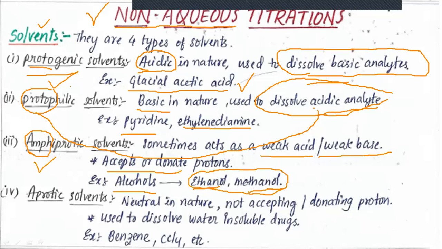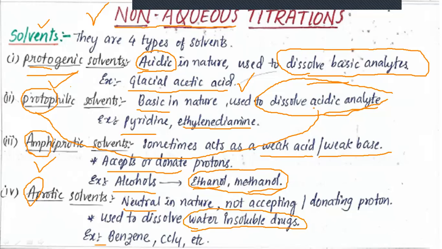The last one is called aprotic solvents. These solvents are not donating any protons, or accepting any protons. So that's why this is called aprotic solvents, which are neutral in nature. They are used to dissolve water insoluble drugs, non-aqueous drugs.